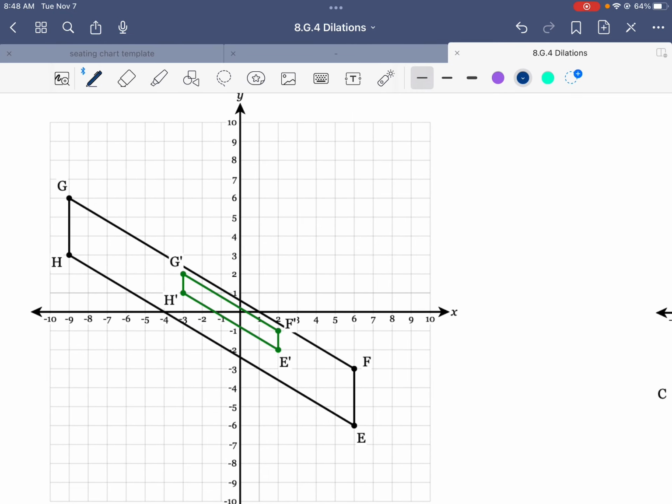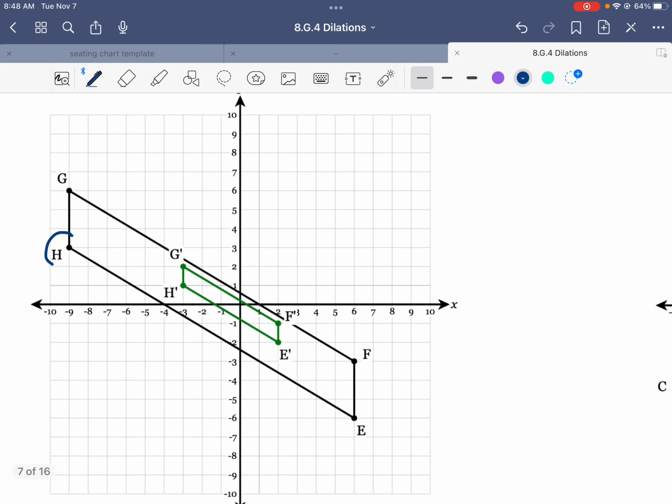Number 3, I'm going to choose H and H prime. H is located at -9, 3, and H prime is located at -3, 1. We can choose either the x or the y coordinates, it doesn't matter.